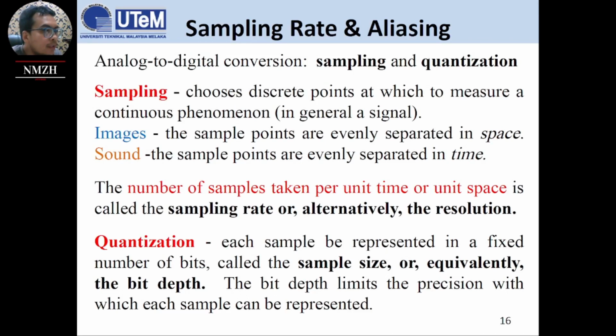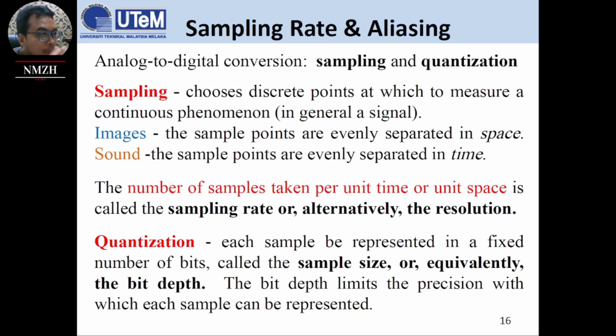So now we talk about sampling rate and aliasing. As mentioned earlier, sampling happens on the x-axis, right? Sampling is very crucial in order to change the continuous data file to a digital data file.